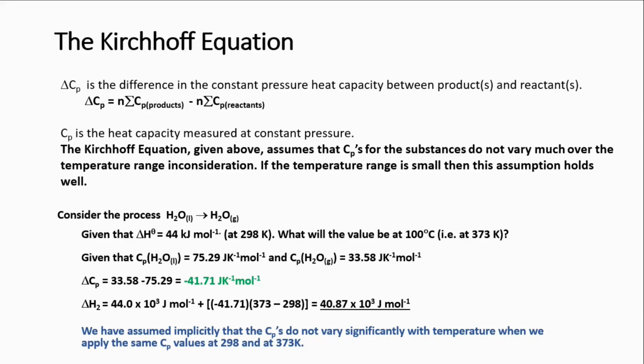Now let's consider an example. Let's say we are looking at the vaporization of water. So we have 1 mole of liquid water being converted to steam, or vapor. Given that the standard enthalpy of vaporization of water at 298 Kelvin is 44 kilojoules per mole, that will now be the old enthalpy value.